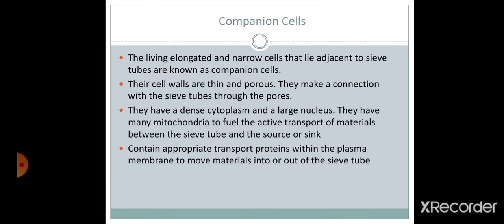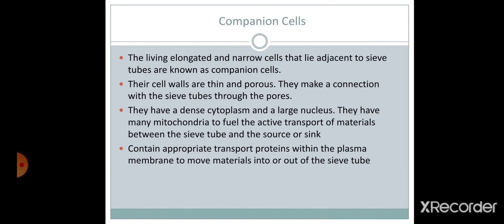Then the structure of the companion cells: they are elongated, thin-walled parenchymatous cells which lie on the sieve tube sides, side by side with the sieve elements. They are sister cells derived from the same mother cell.